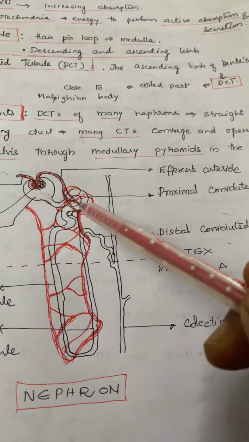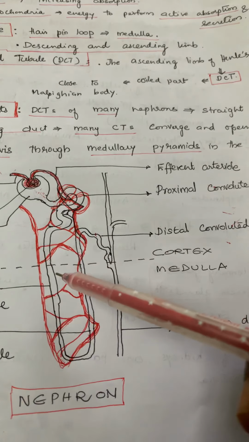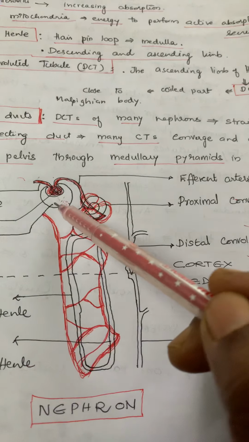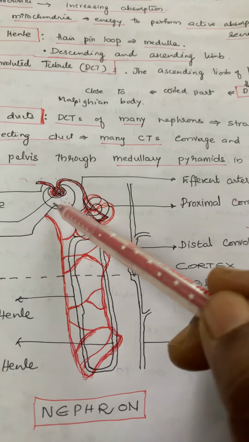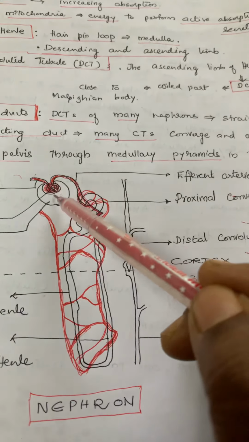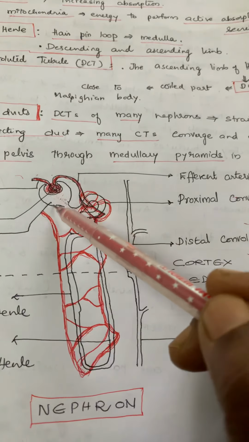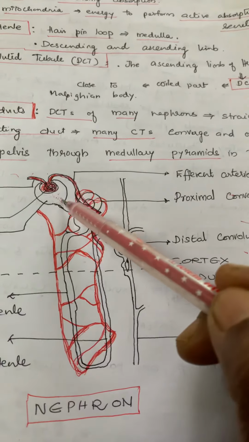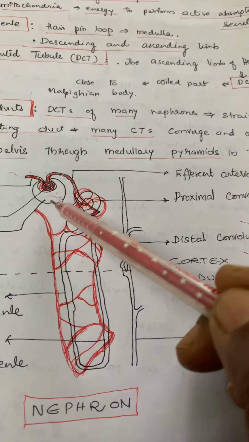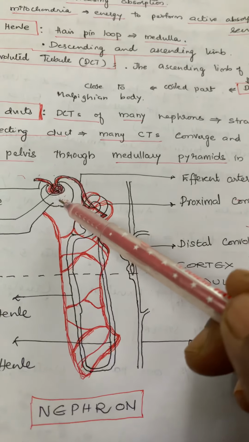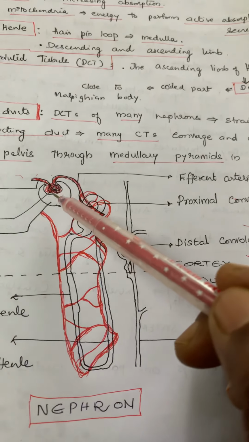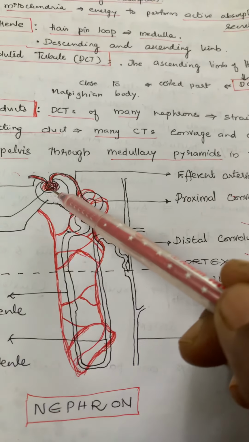And the next part is the renal tubule. It begins with Bowman's capsule, which encloses the glomerulus. This Bowman's capsule is a double-walled cup-shaped structure, which consists of outer parietal and inner visceral layers.